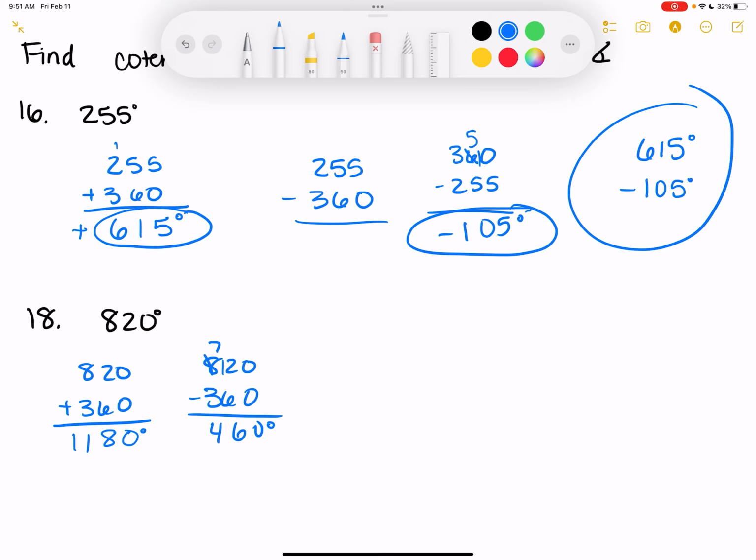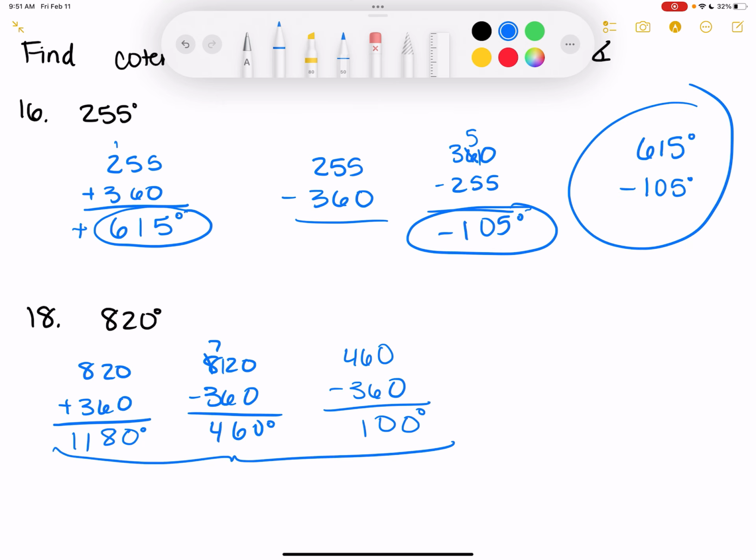Now, I'm still not at a negative angle, so I have to do it again. 460 minus 360 is 100 degrees, which you would agree is another possible positive answer. So all of these are possible positive answers that I would accept.